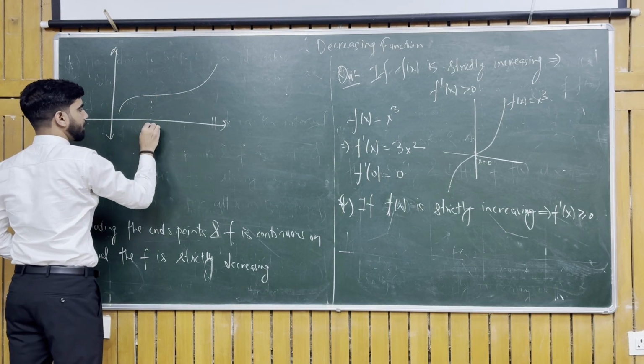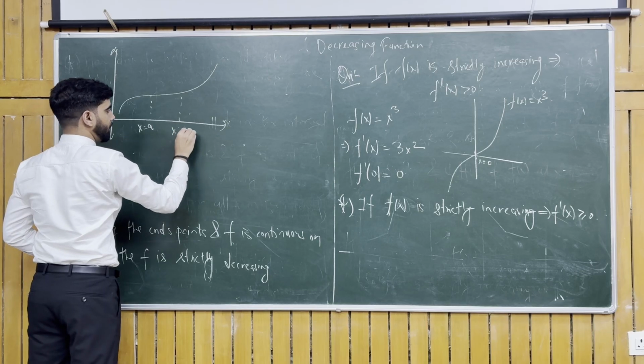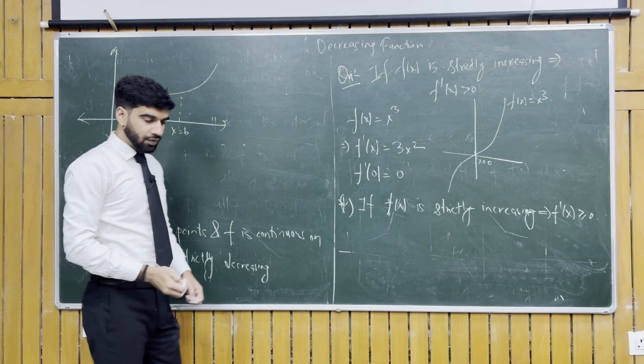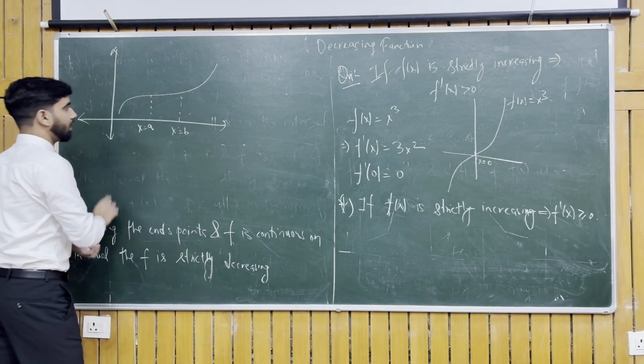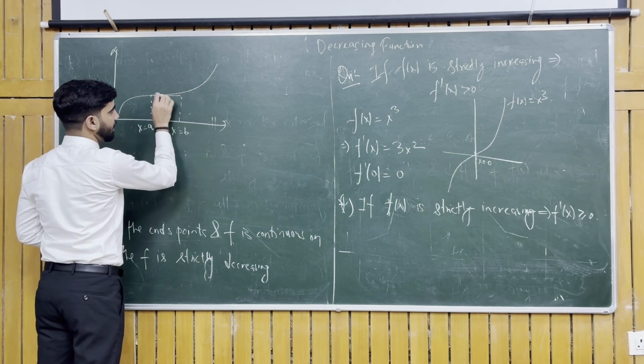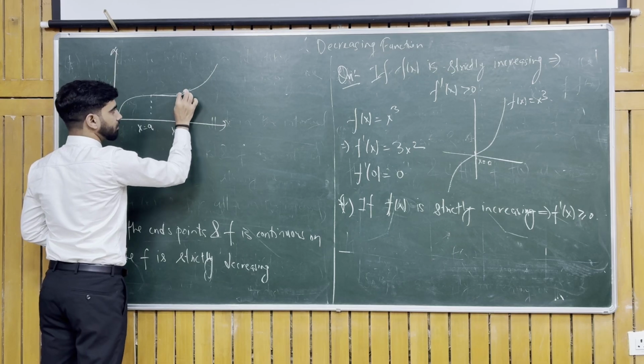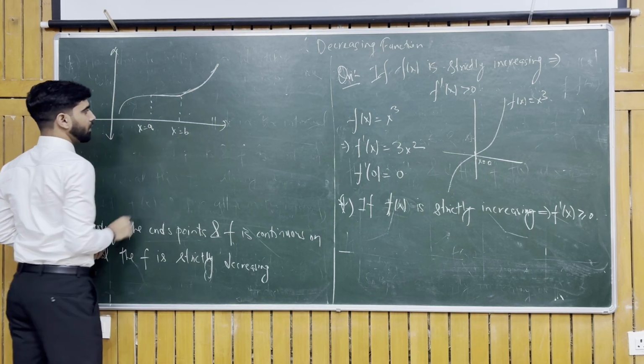This is the point x equals a, and this is the point x equals b. From the graph we can see that this is the graph of an increasing function, but the function is constant in the interval from a to b, and we know that a constant function has derivative 0.